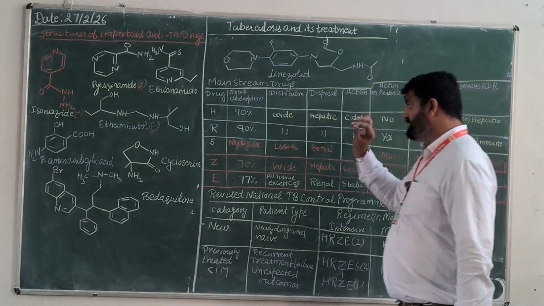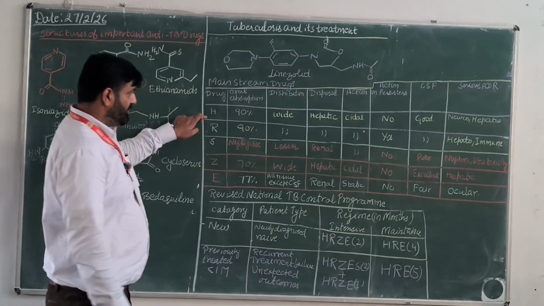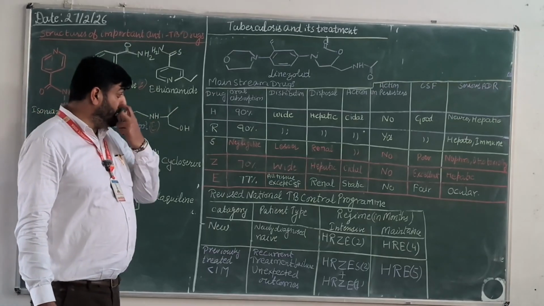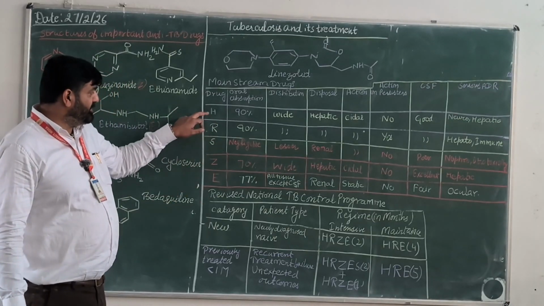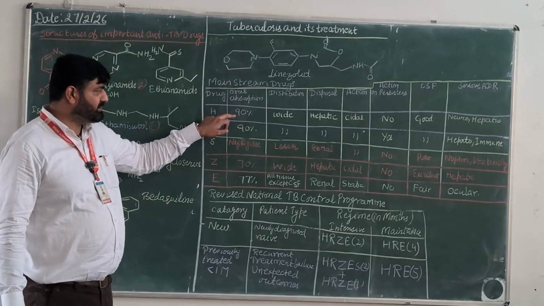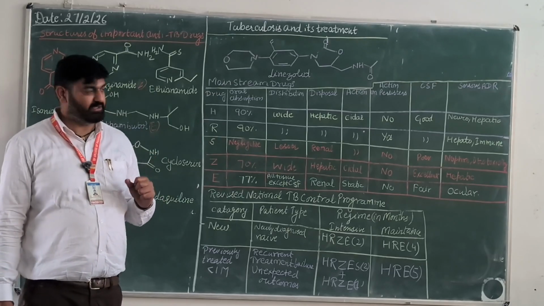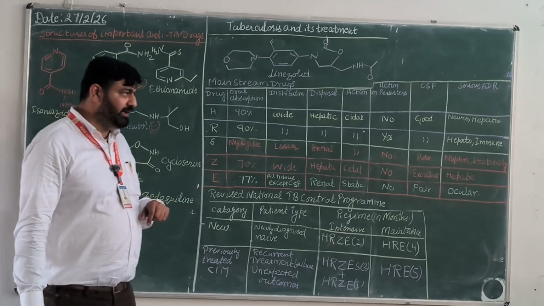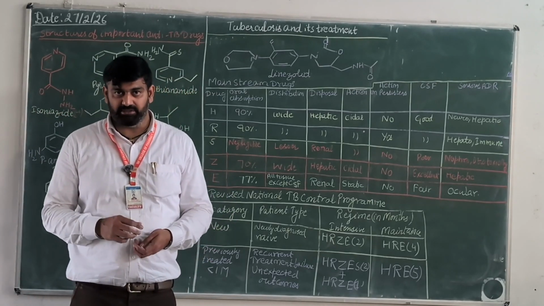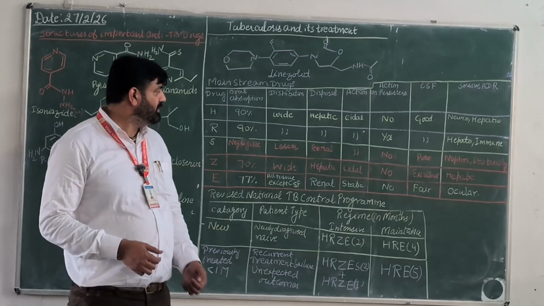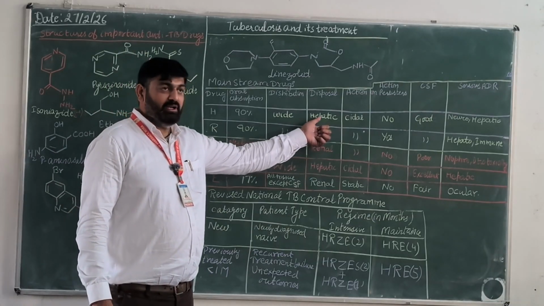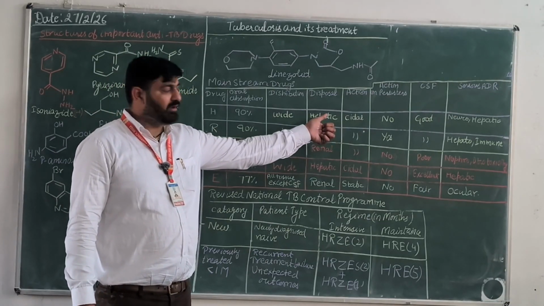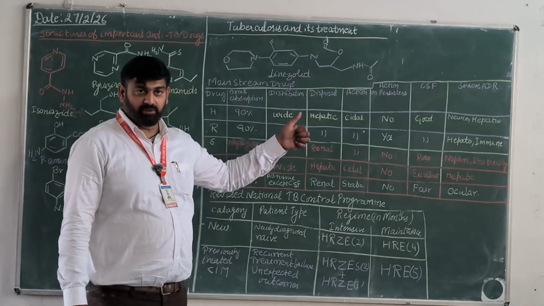I have compiled this in a table. We start with isoniazid, represented as H. It has very good oral absorption, up to 90%, and a wide distribution between the body cells and fluids. It is primarily metabolized and excreted through hepatic metabolism.